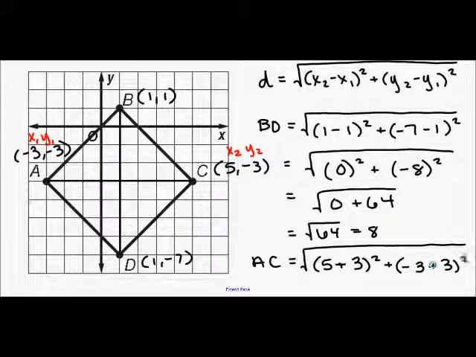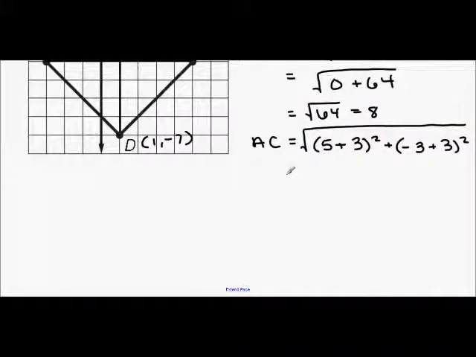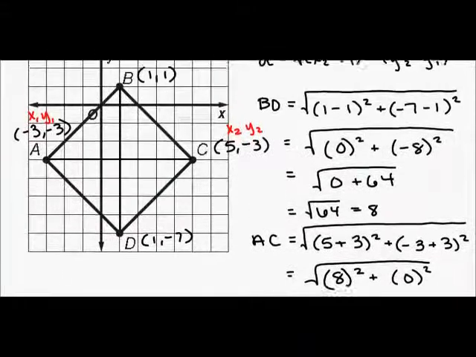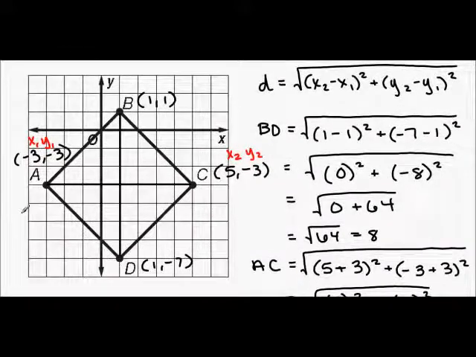I'm going to write a plus there. And I have 5 plus 3 is 8, -3 plus 3 is 0. And once again, I have the square root of 64, which is 8. Okay, so my diagonals are equal, which means that this is a rectangle.